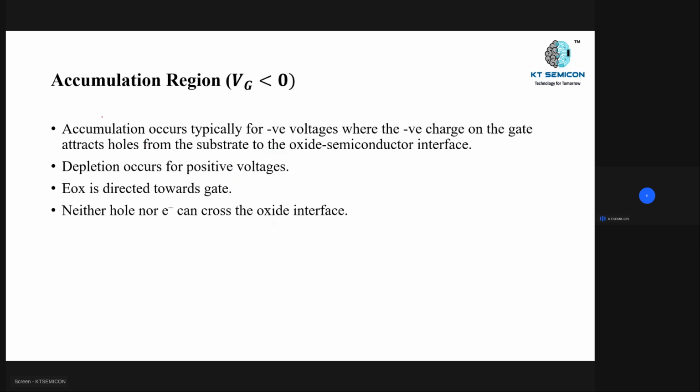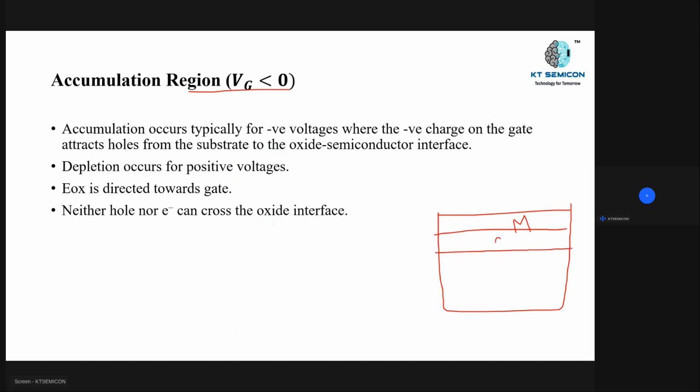And after that we are applying some gate voltage as negative voltage. Again, this is my metal, this is my oxide, and this is my p substrate.